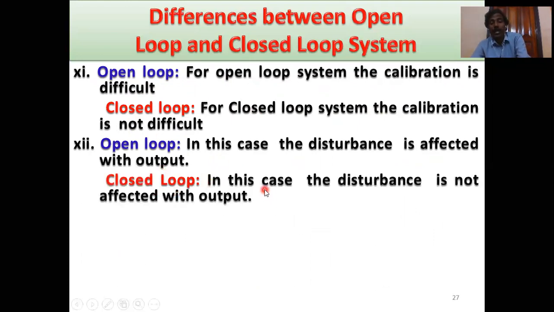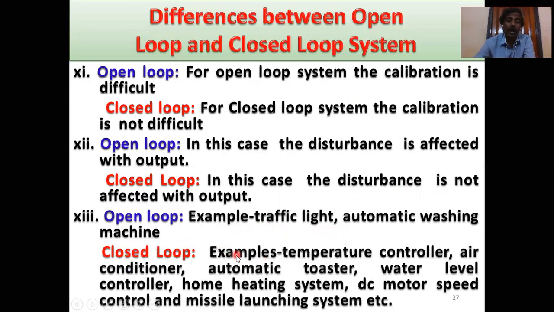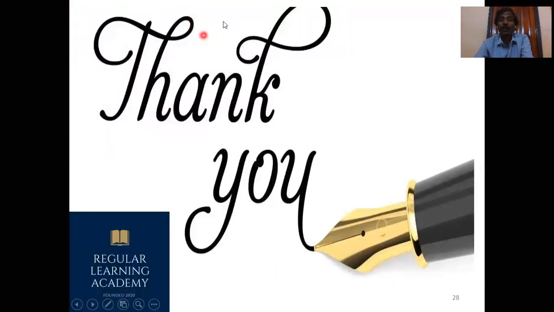For closed loop systems, disturbance does not affect the output. Examples of open loop systems: traffic light, automatic washing machine, etc. Examples of closed loop systems: temperature controller, air conditioner, automatic toaster, water level controller, home heating system, DC motor speed control, and missile launching systems. These are all closed loop examples. So thank you. This is our closed loop control systems.